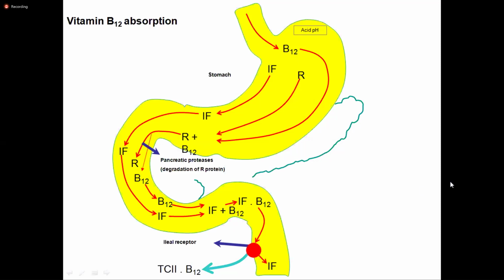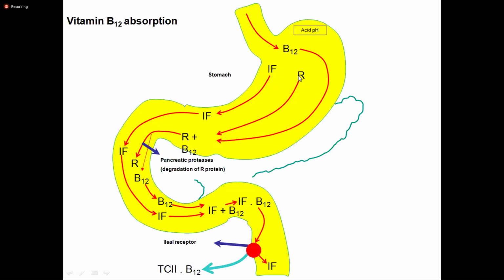In this image, you can see that the acidic pH is very important for vitamin B12 digestion, where pepsin helps in the breakdown of natural protein that is bound with the vitamin B12. There is intrinsic factor produced in the stomach by the parietal cells, and these R proteins are also synthesized in the stomach and present in the salivary juice.